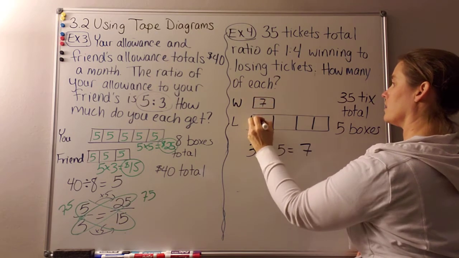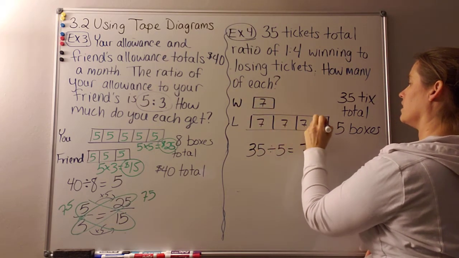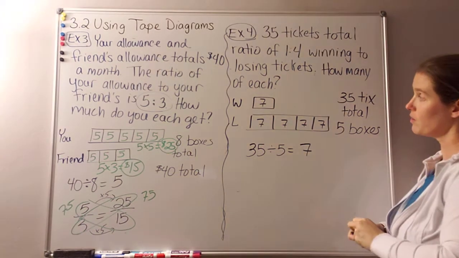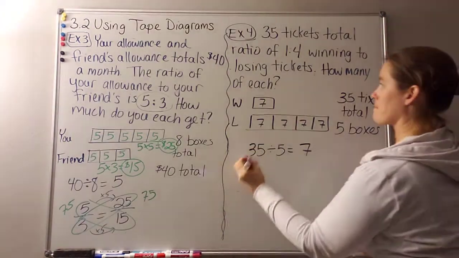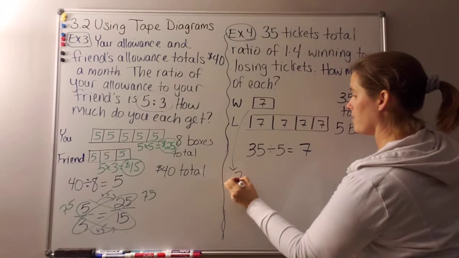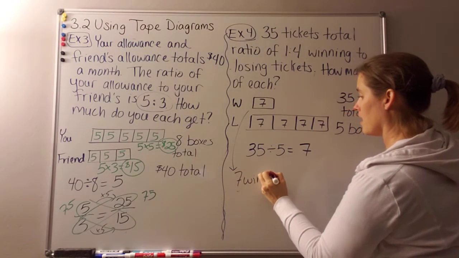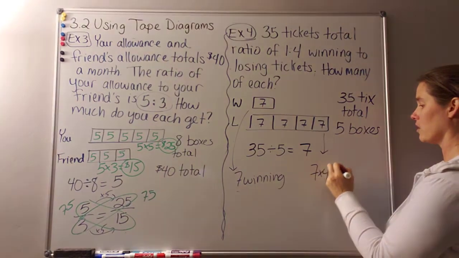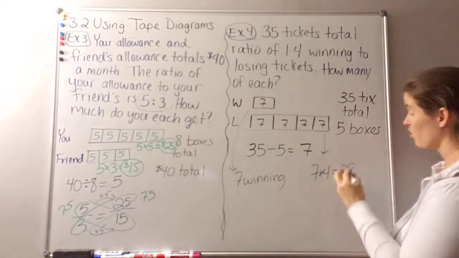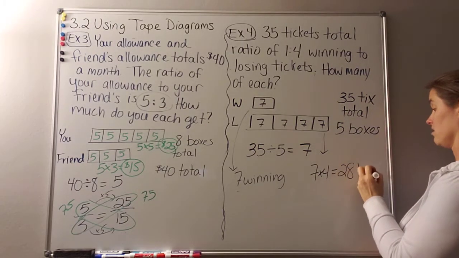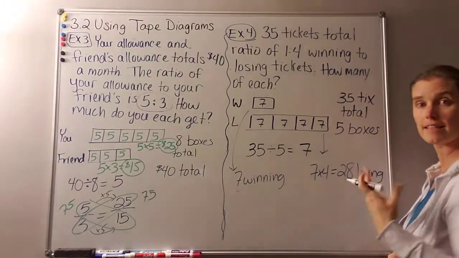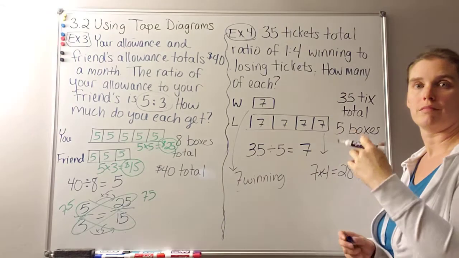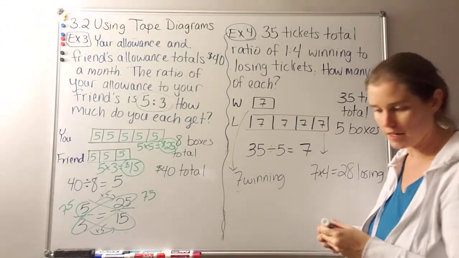So 7 here, 7, 7, 7, and 7. So we have 7 winning tickets. Look at that, we got 7 winning. And down here, 7 times 4 is 28. We have 28 losing tickets. Now that sounds bad, but remember, it's a raffle. You can't have everybody win. You got to have more losers than winners, right?